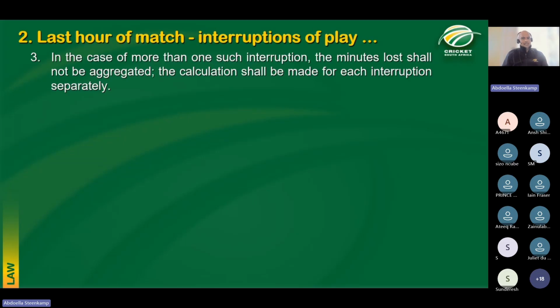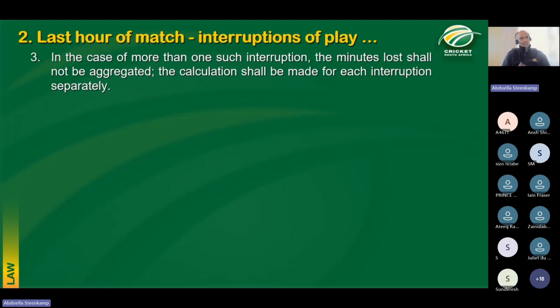The law guides us, and the law tells us, please never ever add all those interruptions together. You need to do them separately. Your first interruption, once you leave the field, calculate how many minutes you lost, convert it to overs. That's your first interruption. Calculate how many overs left. Now you start playing. Now it rains again.